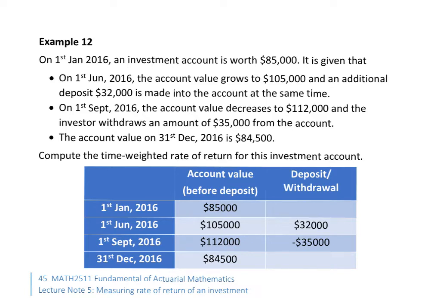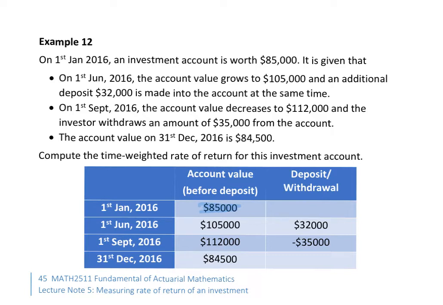Initially, its balance is 85,000. On the 1st of June of 2016, the account balance has grown to 105,000, and at that time you make an additional deposit of 32,000, because the value is going to appreciate, right?